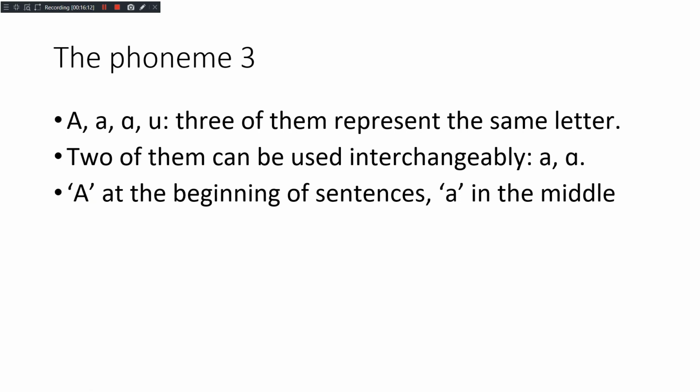For example, in the BBC, at the beginning of a word, the dark L is not possible in the British accent. Therefore, dark L is not possible in initial position. It's the same as not using a small letter at the beginning of a word.